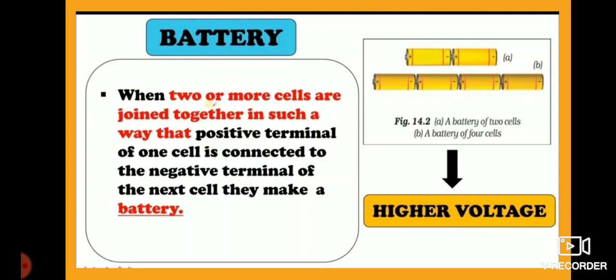So how is a battery made? A battery can be made by joining two or more cells together. So a group of cells together we call by the name battery. Okay, that's the difference between electric cell and battery. Battery gives us higher voltage.